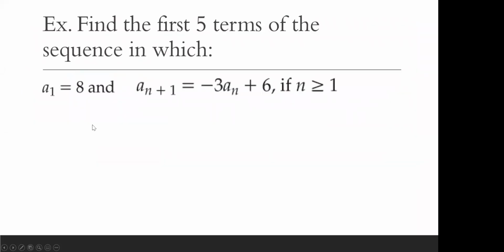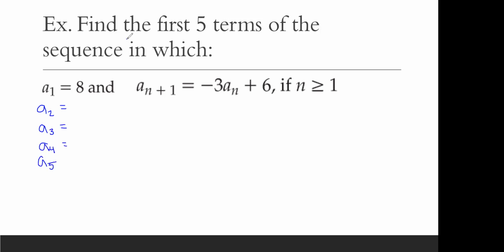Okay, so the first example says to find the first 5 terms of the sequence, and it gives you some information about the sequence. The first thing it tells you is that the first term is equal to 8. So we need to find the second term, the third term, the fourth term, and the fifth term.